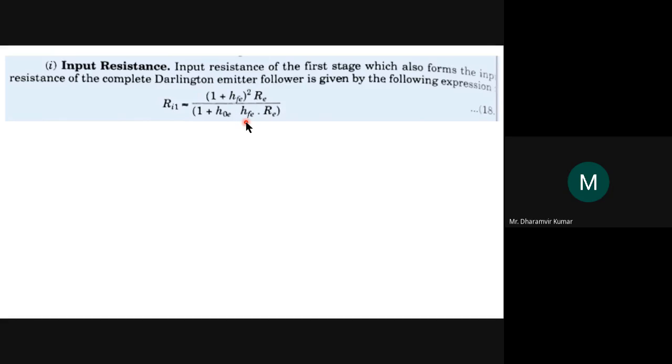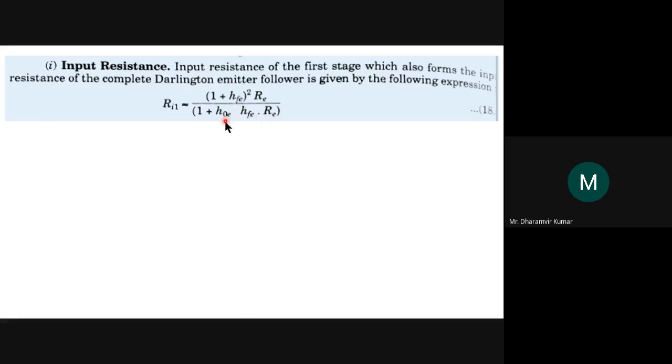It would be around 100, 150. So 100 means 10 to the power 2. So 10 to the power 2 into 10 to the power minus 6 would be 10 to the power minus 4, and into Re. What are the typical values of Re?